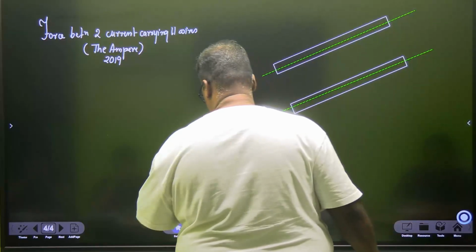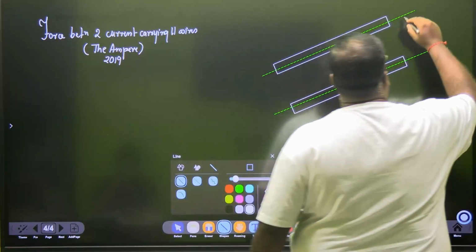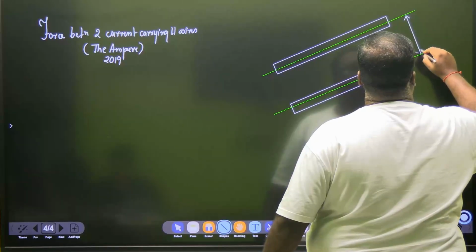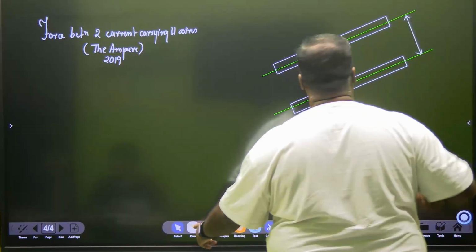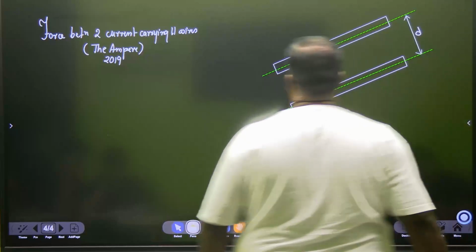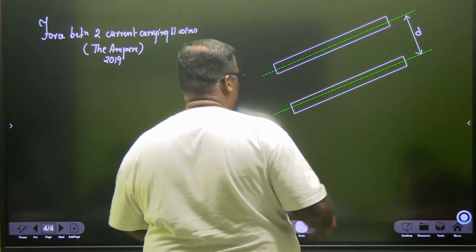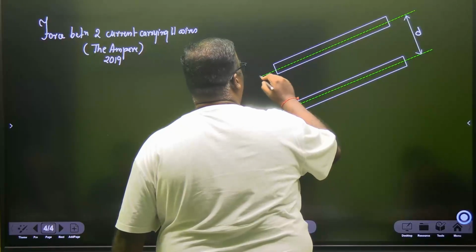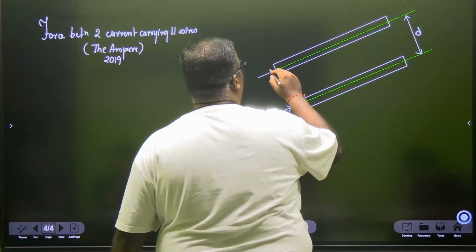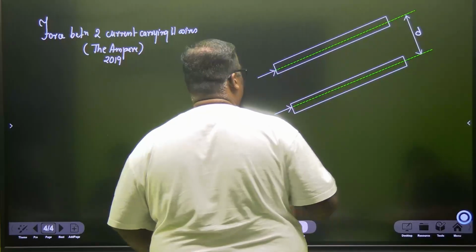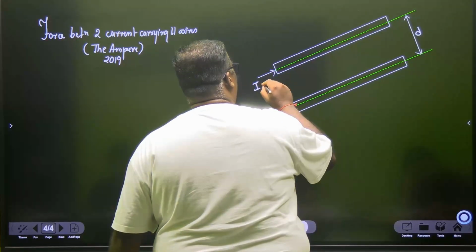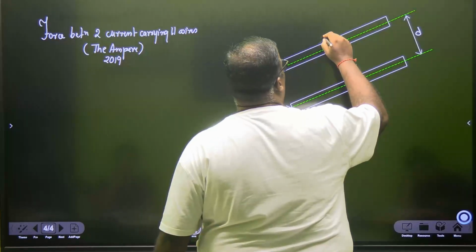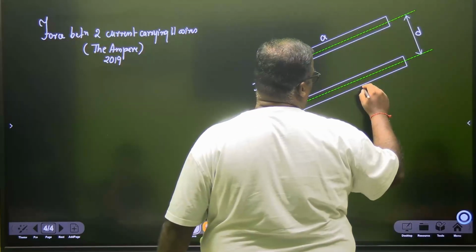Let's say that the distance between the two wires is D. Two parallel wires maintained at a distance D, and you are feeding current to both. So I'm feeding currents, say IA and IB. This is my wire A and this is my wire B.